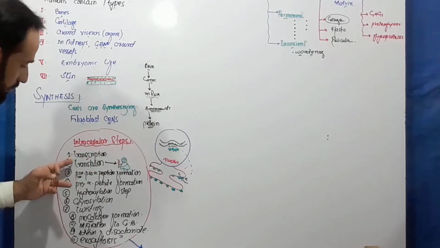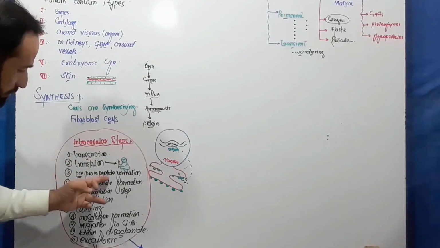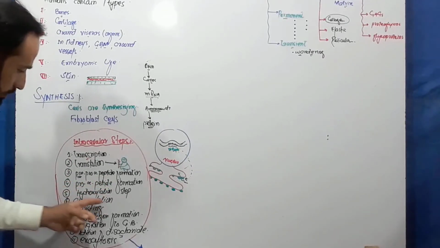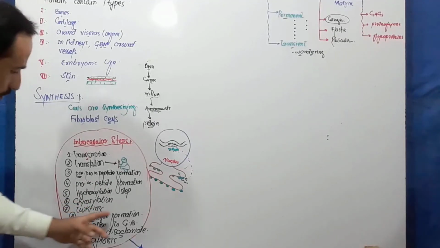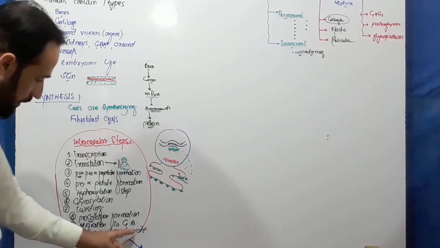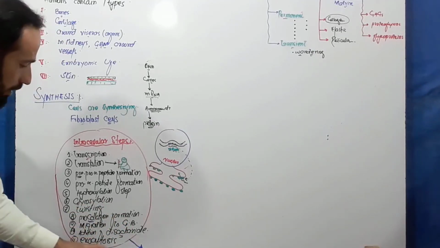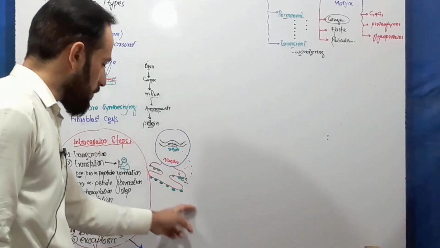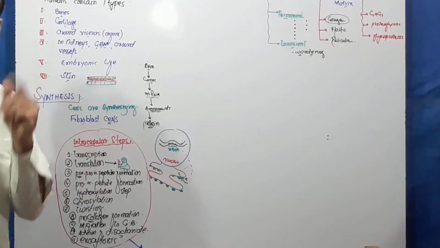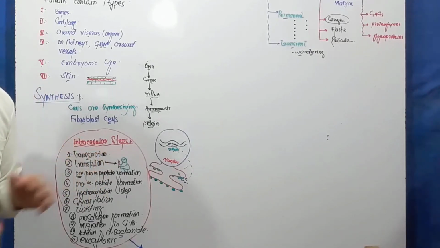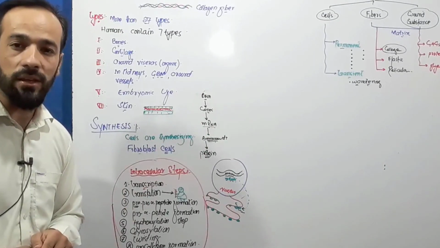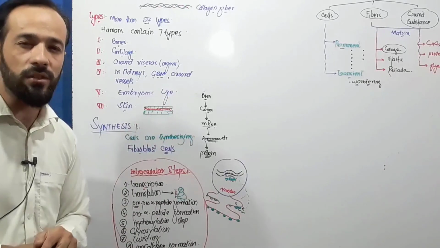These are transcription, translation, pre-pro alpha peptide formation, pro alpha peptide formation, hydroxylation, glycosylation, twisting, procollagen formation, migration to the Golgi body, addition of disaccharides inside the Golgi body, and then exocytosis, and then the steps outside the cell will begin. And those are the 2 or 3 steps which occur outside the cell, and then collagen is synthesized. That's simple, right? So let us see the steps which are occurring inside the cell and how the collagen is synthesized inside the cell.